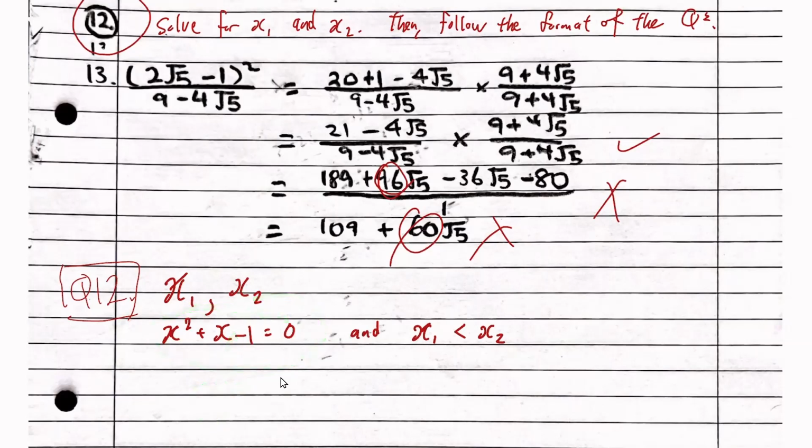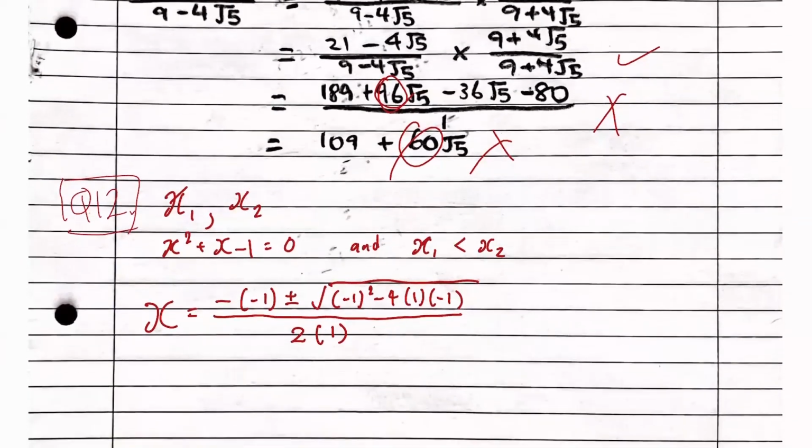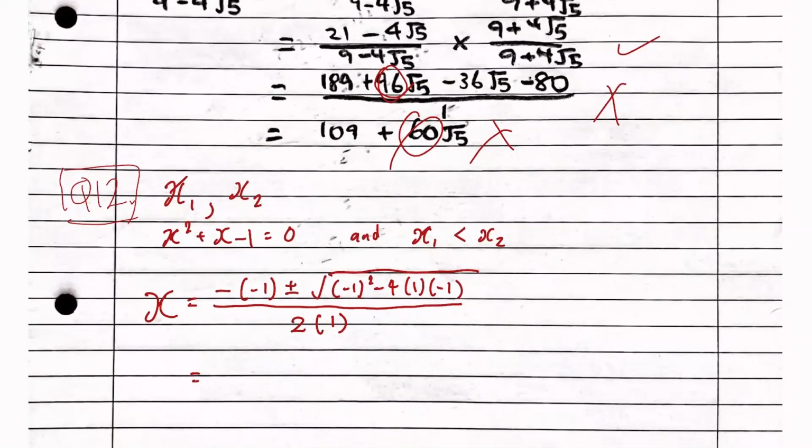I give you an equation, you solve the equation, right or not? So that's what we're going to do. x equals negative b plus minus square root of b squared minus 4ac all over 2a. Take note that because we want an exact answer involving square roots, we cannot use the calculator. Must do it manually. Does that make sense?